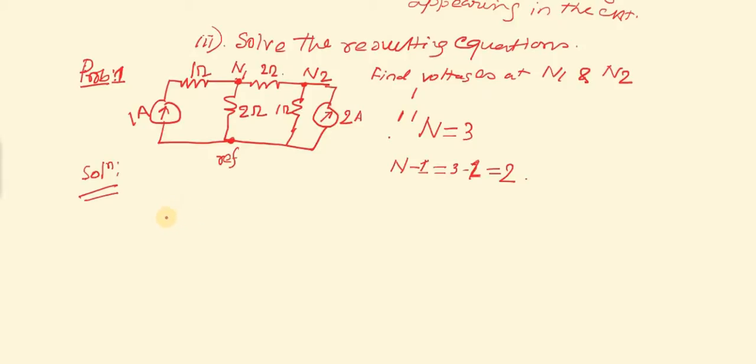So at node N1, apply KCL. See here, at this node, this current is coming to this node, and this will be the second step.